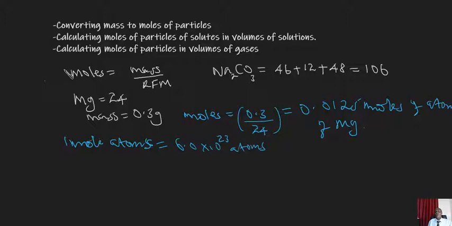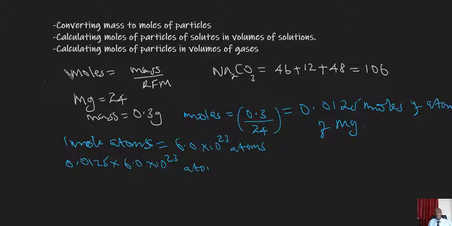So the exact number of atoms in this piece of metal is 0.0125 multiplied by 6.0 times 10 to the power 23.